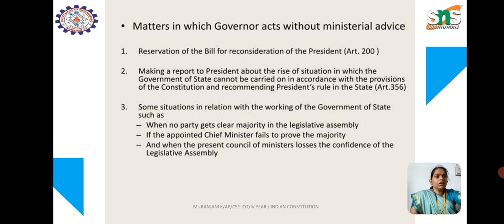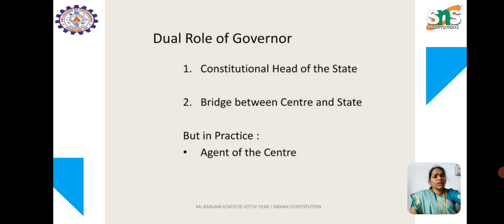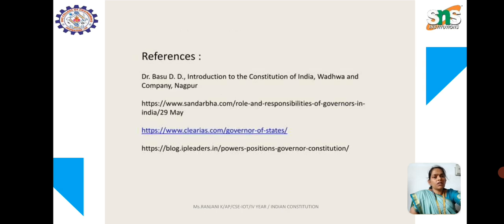Some situations in relation to the work of the governor are when no party gets a clear majority in the legislative assembly, when the appointed chief minister fails to prove the majority, and when the present council of ministers loses the confidence of the legislative assembly. There is a dual role for the governor. One is constitutional head of the state, and second is the bridge between the center and state government. But in practice, he is an agent of the center government.